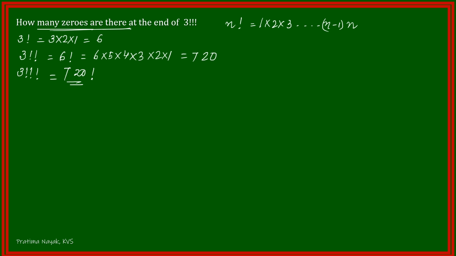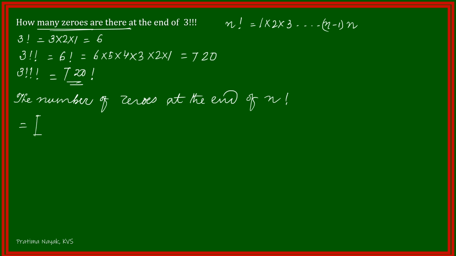The fact we have to use is that the number of zeros at the end of n factorial is equal to the integer part of n by 5, which is the highest power of 10, then the integer part of n by 5 square, plus n by 5 cube, and so on, till it becomes 0.